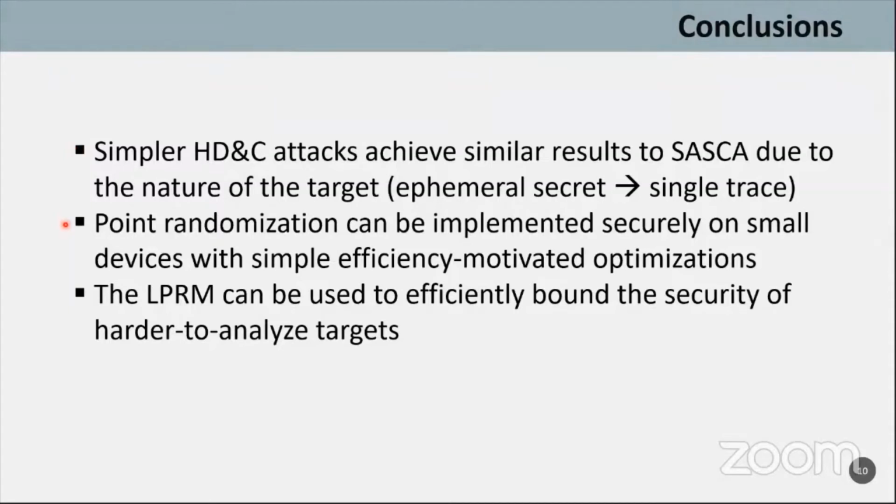Then we show, through the different kinds of analysis that we perform, both simulated, real attacks, and also model-based, that point randomization can be implemented securely on small devices, which are typically referred to as insecure, and also in software, but only if adequate optimization and also considerations for side channel attacks are taken into account.